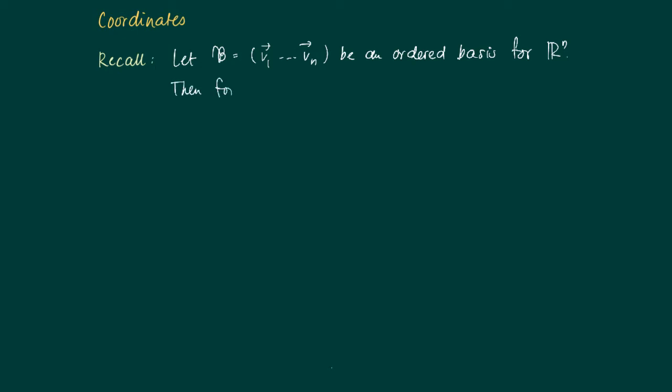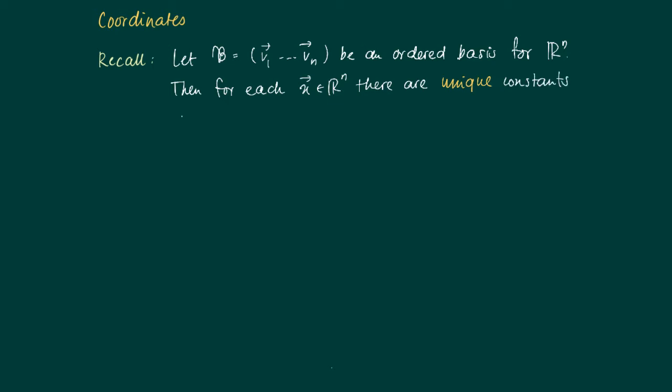Then we know that each vector in Rn can be expressed as multiples of these vectors v1 to vn. And actually the constants or the scalars that we use are uniquely determined.